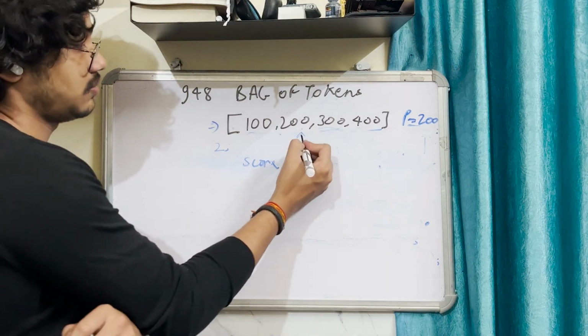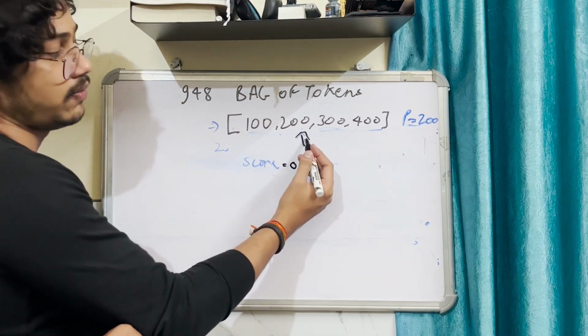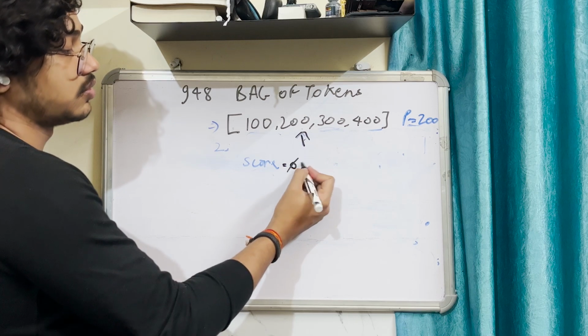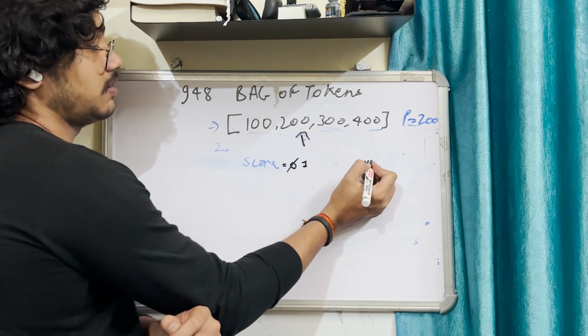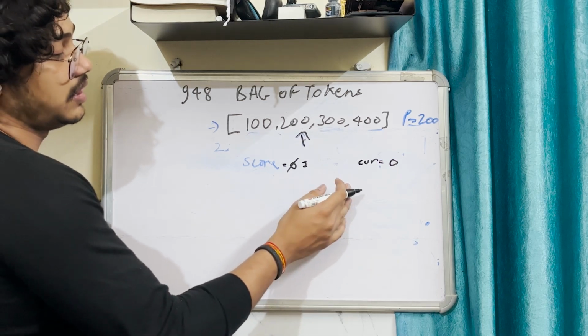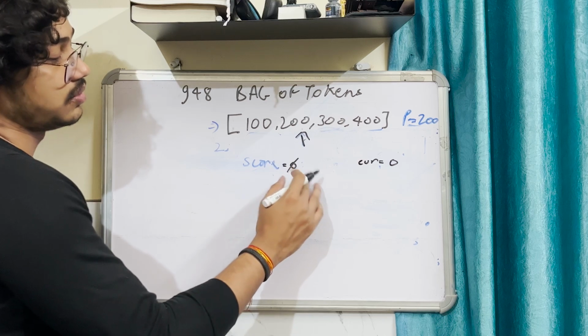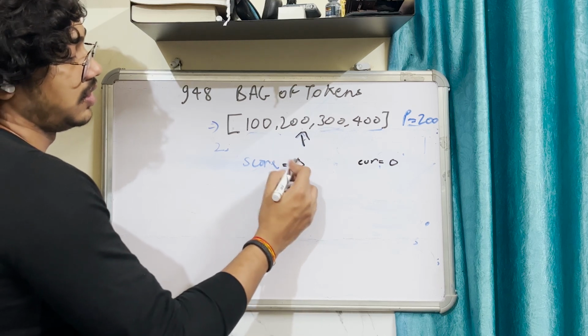First you have this, so score will be 0, you can trade it off, you can do face up, the score will change to 1, and your current power will change to 0. Then you can't do another transaction, so you reduce your score again to 0 and gain some value.